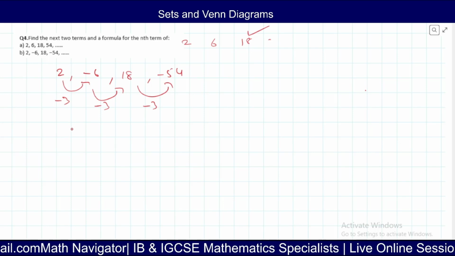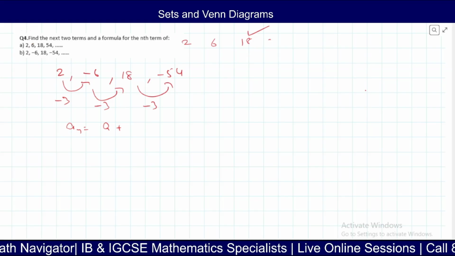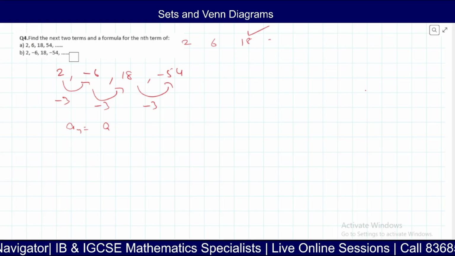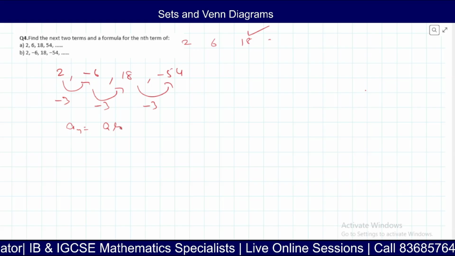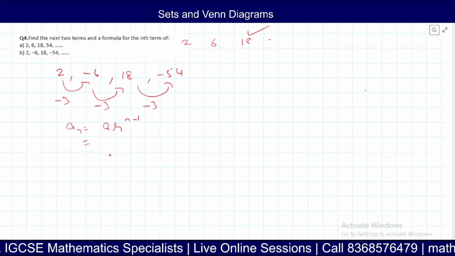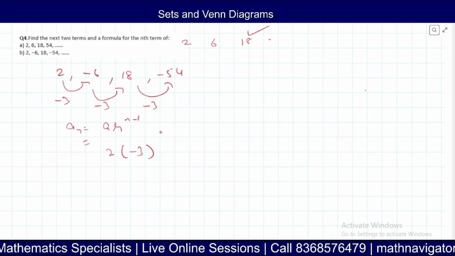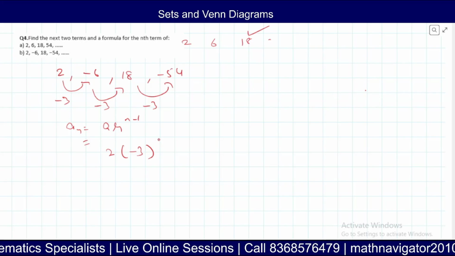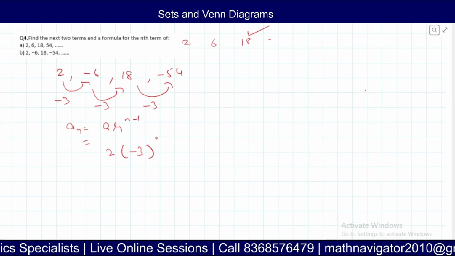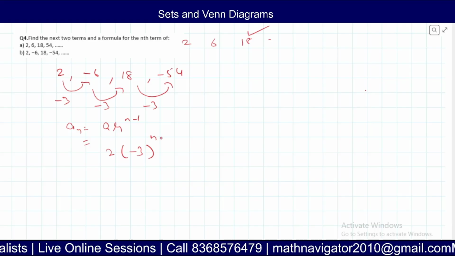So my general term is an = a r^(n-1). So a is 2, r is negative 3, and the exponent is n minus 1.